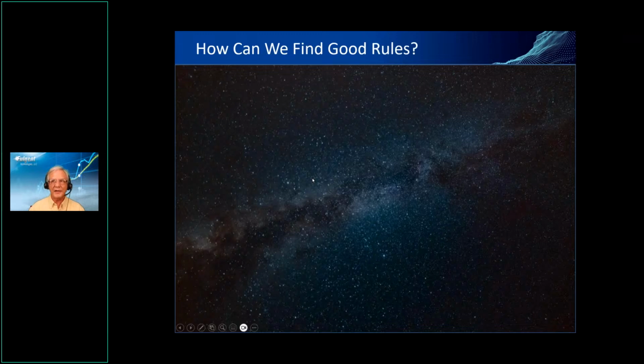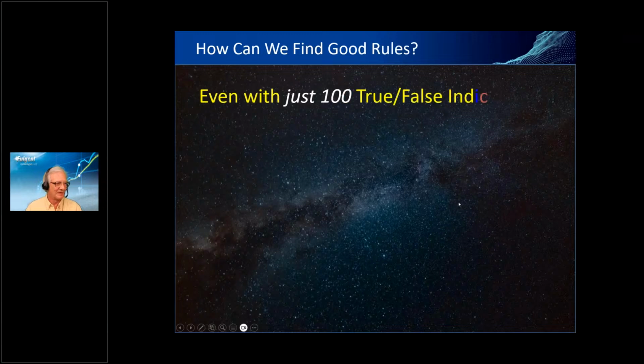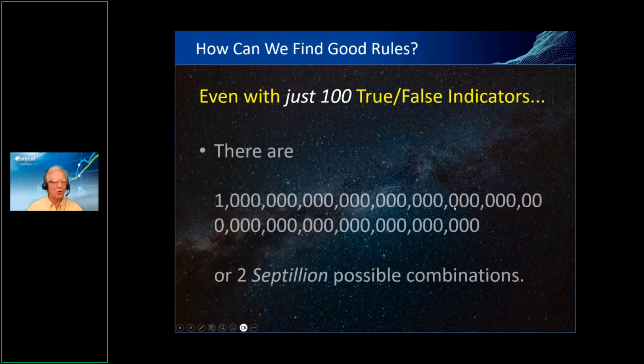And so if you're looking at like RSI 13, whatever interpretation, a whole bunch of these things, if you have just 100 of them, I mean, it's infinite, right? But just 100 indicator relationships, and you look at every possible combination of those 100 things, it's this enormous number. It's 2 septillion.